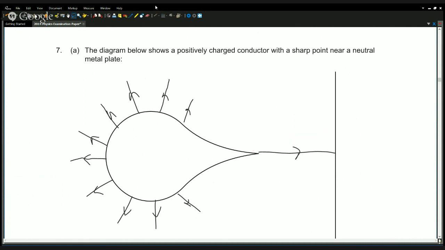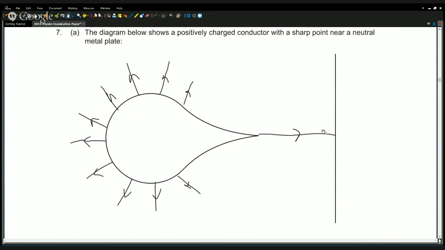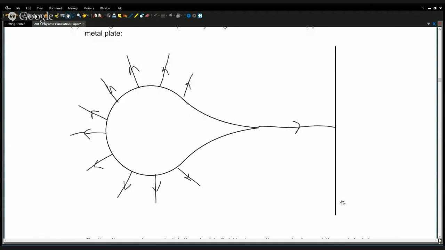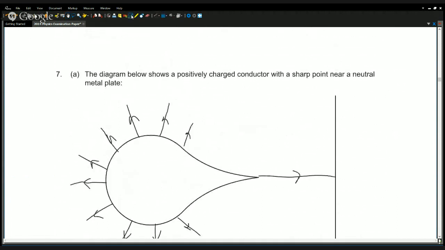As I said, I'm going to butcher this. I'll try my best though. So you get a lot of field lines coming out of the sharp point. I said you're going to do stuff like this, and I've butchered both of those.